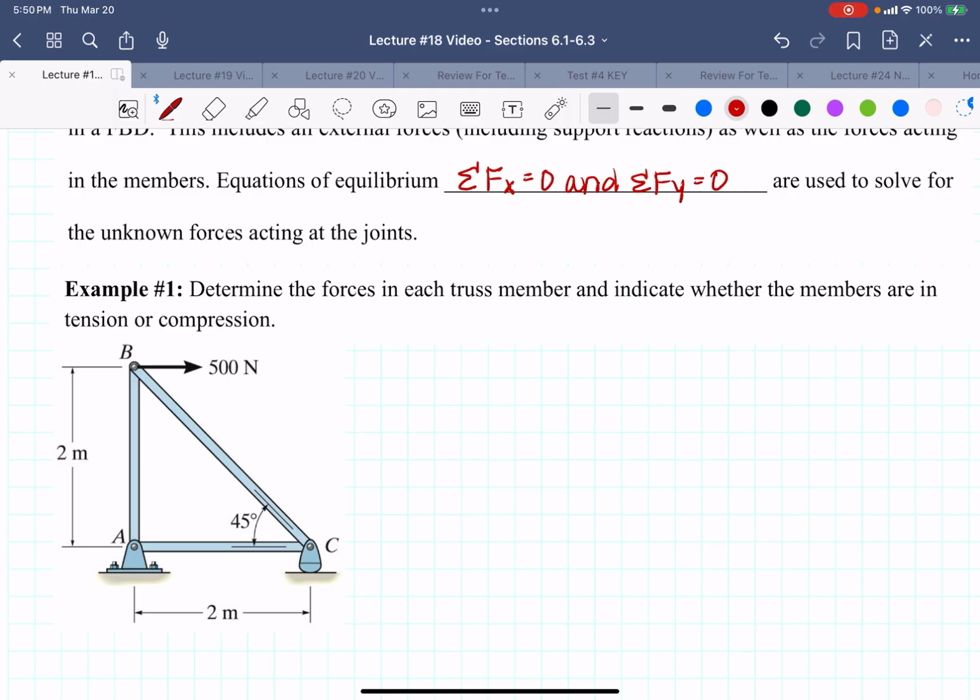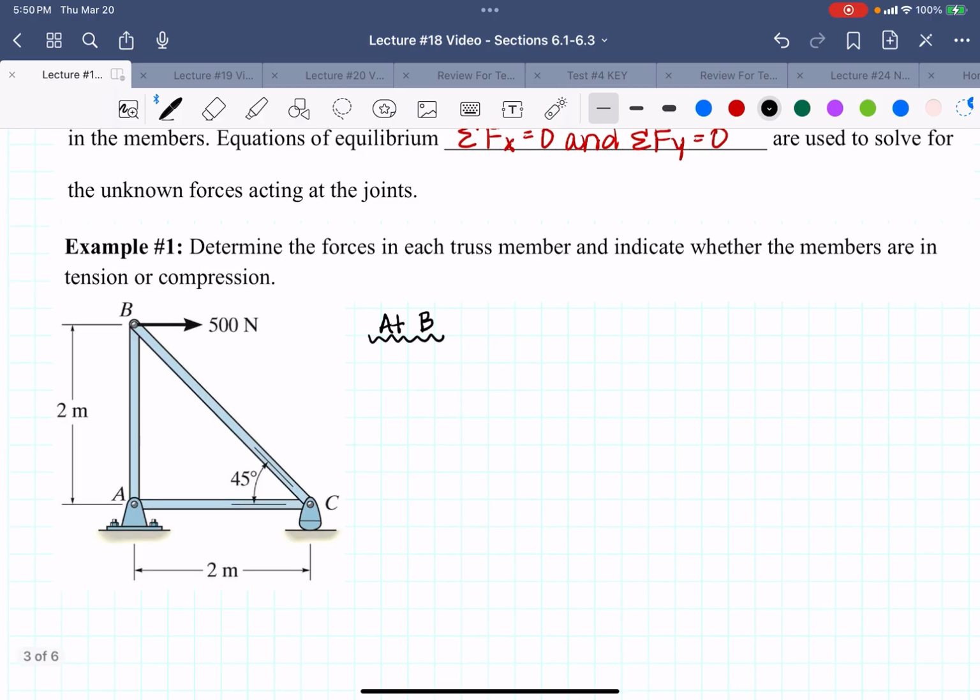You could, but if I look at B, I don't have to. So let's start at B. So I'm going to say that I am drawing the free body diagram of the joint at B. You've got to label what you're doing. And then we're going to draw our axes, which we're just going to have an X and a Y.